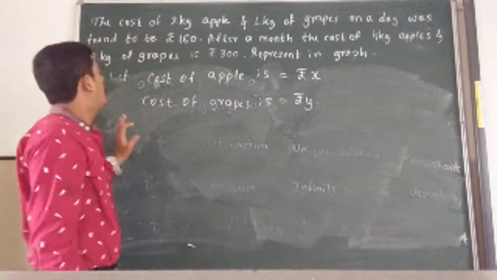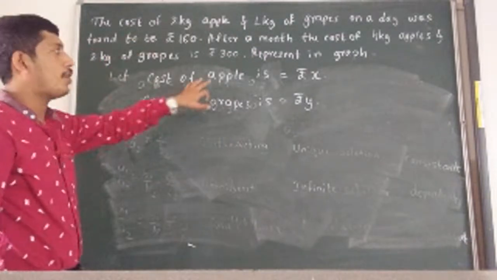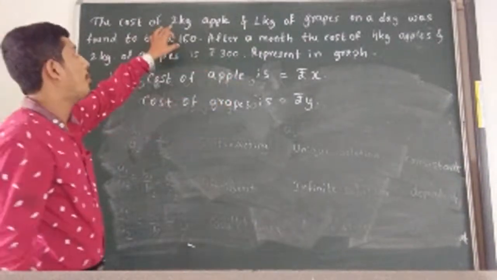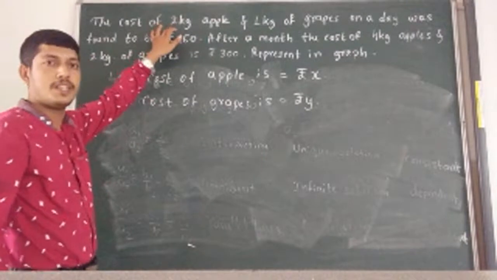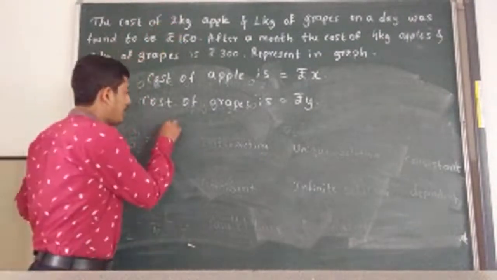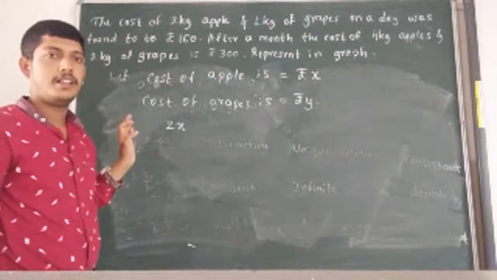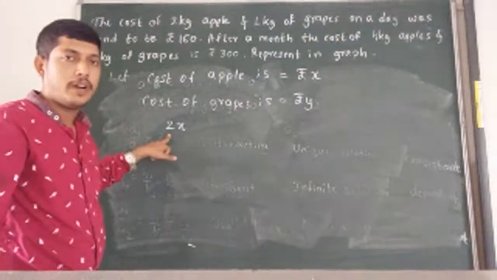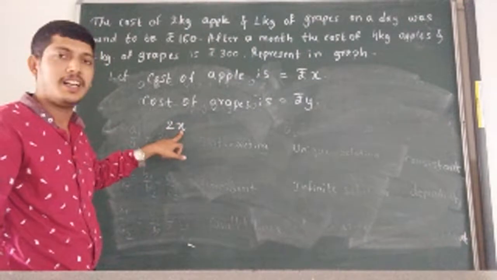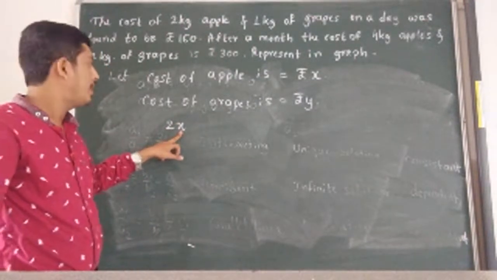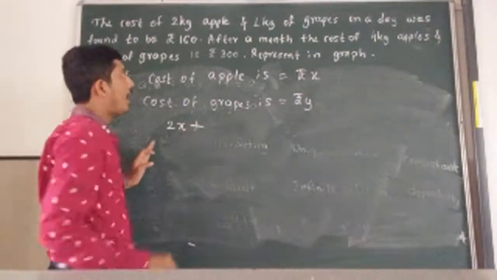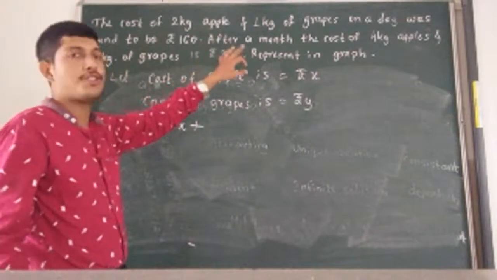So here the cost of apple is rupees x and the quantity is 2 kg, so I can write 2x. 2 is the quantity and x is the cost of apple, plus the second one, 1 kg of grapes.